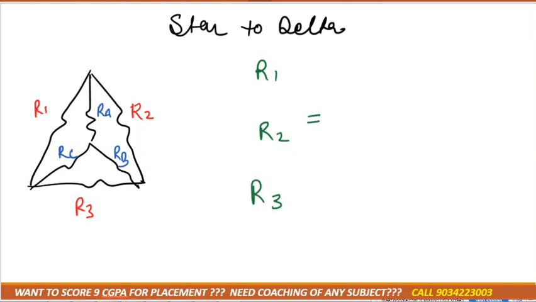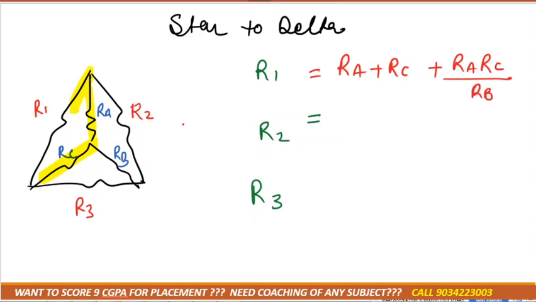Now as you can see, R1 is connected between A and C, right? So its formula would be RA plus RC plus RA into RC divided by whichever term is left, that is RB. Similarly, R2 is connected between RA and RB, right? So it would be RA plus RB plus RA into RB divided by RC.